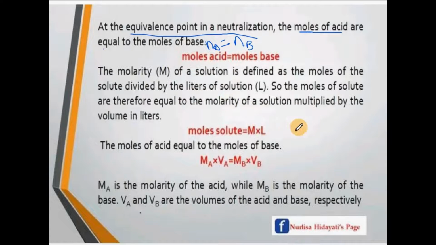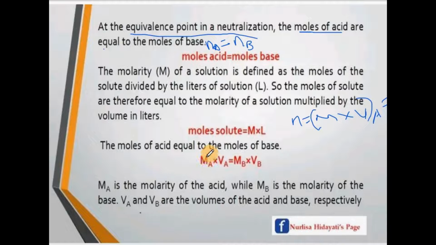Now in the mole concept, we know that the moles of a solution is given by the molarity times what? Volume. So when I say the moles of the acid equals the moles of the base, the moles of the acid can be determined by what?